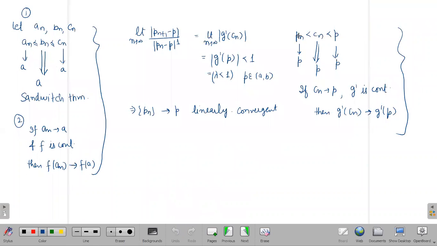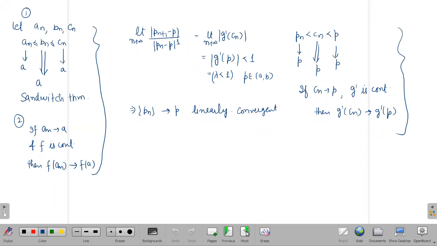If Pn and P both are converging to the number P, then this is also converging to P. And if Cn is converging to P and this is a continuous function, that is already taken, then g dash at Cn is converging to g dash at P. So this limit is g dash at P at last. Which is less than 1. So if it is lambda, which is the asymptotic error, less than 1, and with alpha equal to 1, the sequence will be linearly convergent.